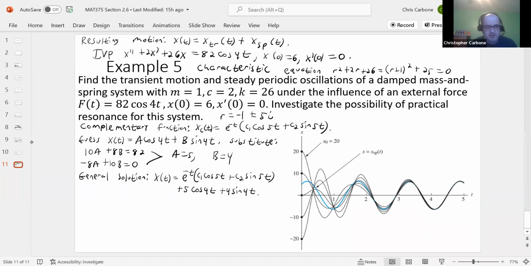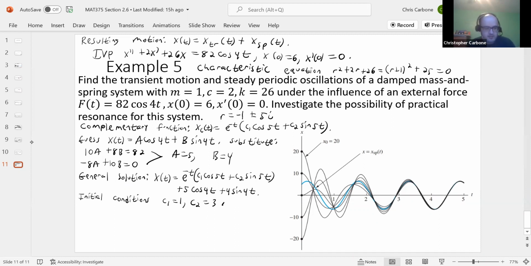So based on the initial conditions, c sub 1 would be 1, c sub 2 is 3.